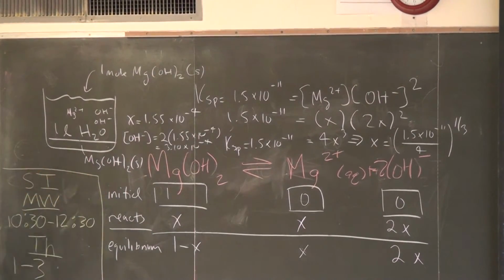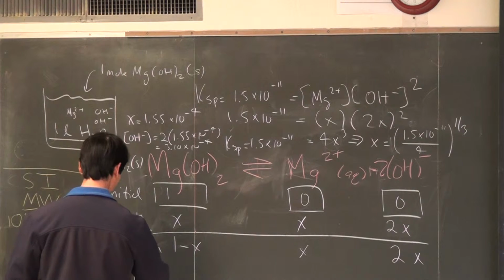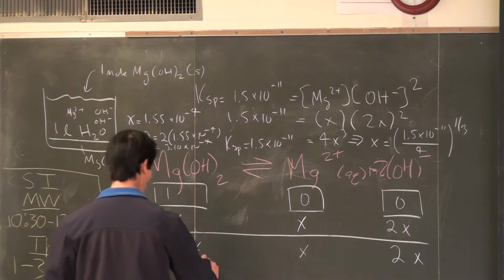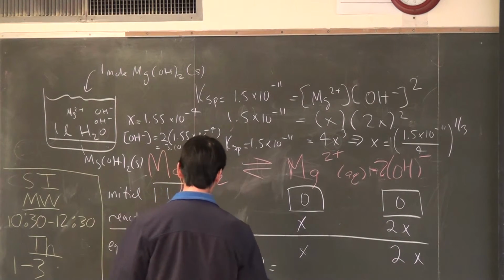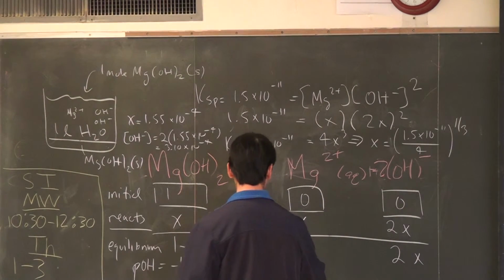So how do you calculate pH? Okay, so pOH is equal to minus log of 3.10 times 10 to the minus 4, and that's equal to 3.5.